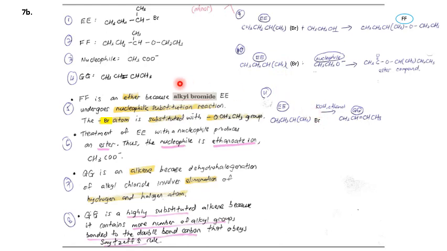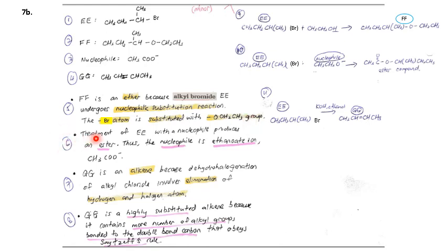Actually, we need to explain how we deduce the structure. First, FF is an ether because the alkyl bromide EE undergoes a nucleophilic substitution reaction. The Br atom is substituted with the ethoxide group. What I explained just now, you have to rewrite again in sentences and explain in a proper way.